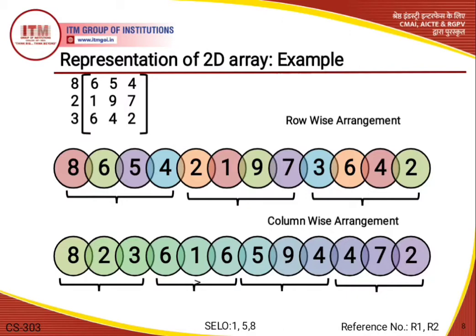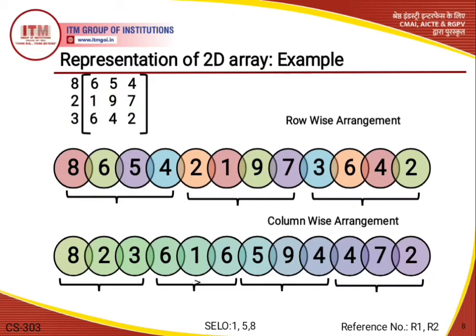Here you can see how this is possible. The first row content is 8654. In this representation, first of all we write the row 1 element 8654, and this is known as row 0. Now the second row content is 2197.